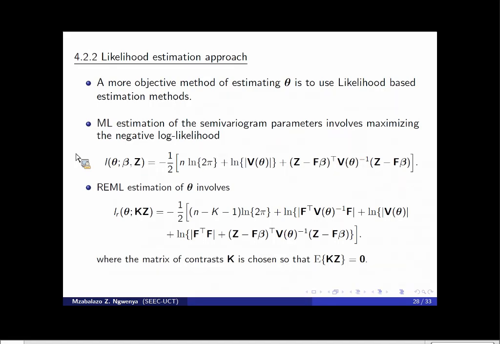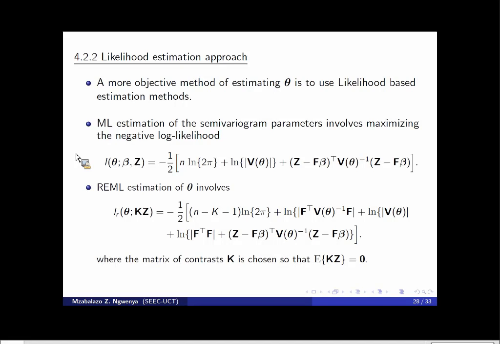There's always a way out. So what's the way out, or which is a more objective way of doing this? We can use likelihood-based methods. In the maximum likelihood setting, that's our log likelihood to maximize, and in the restricted maximum likelihood setting, that's our log likelihood to maximize. So there, we are not doing anything fancy, we're letting the data speak for itself.